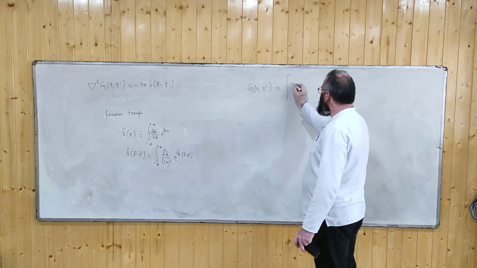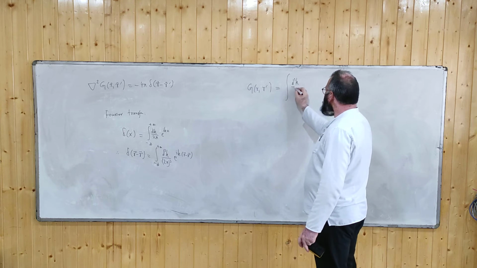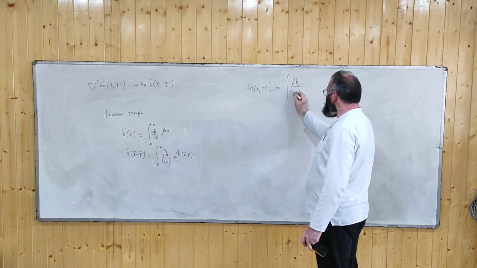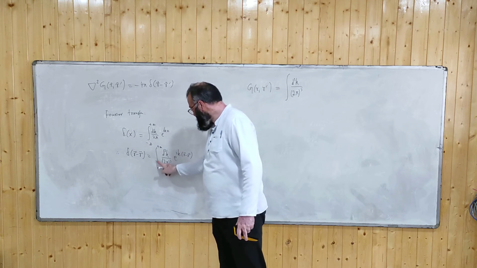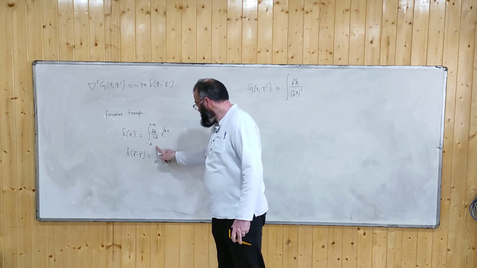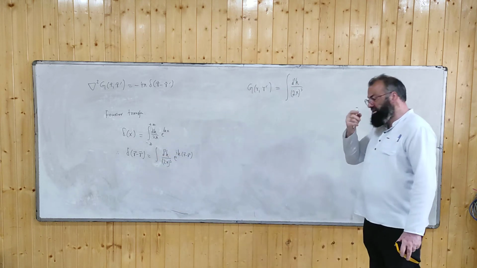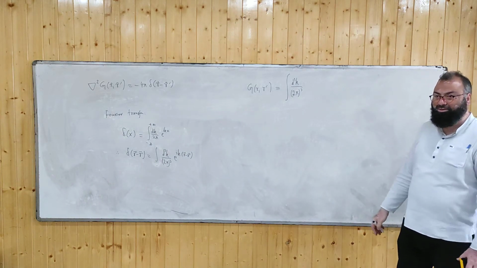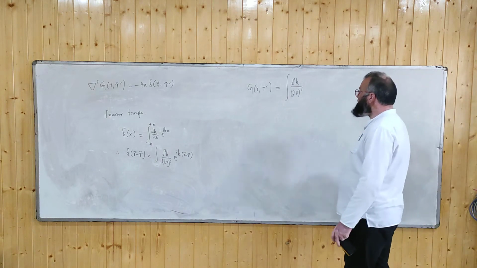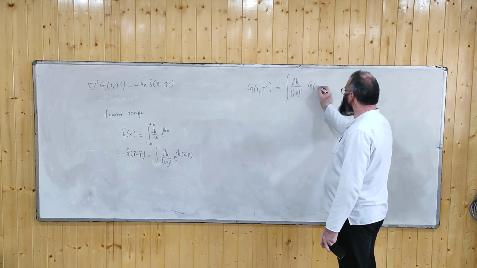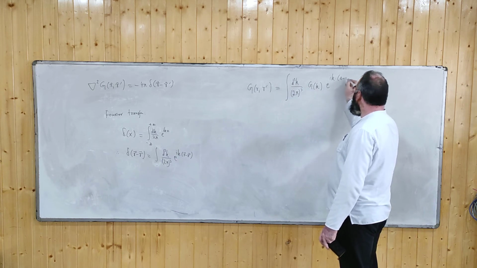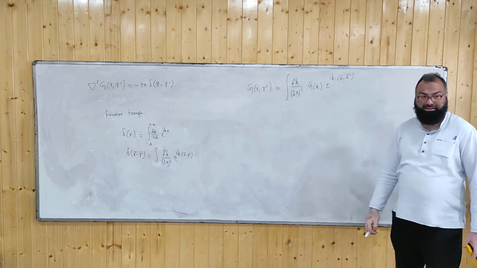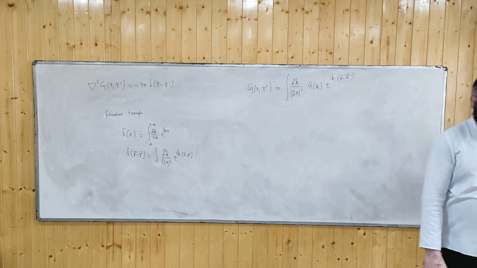It will be the integral over volume d3k by 2 pi cubed, G of k, e raised to i k dot r minus r prime. This is how we define the Fourier transform of a given function.